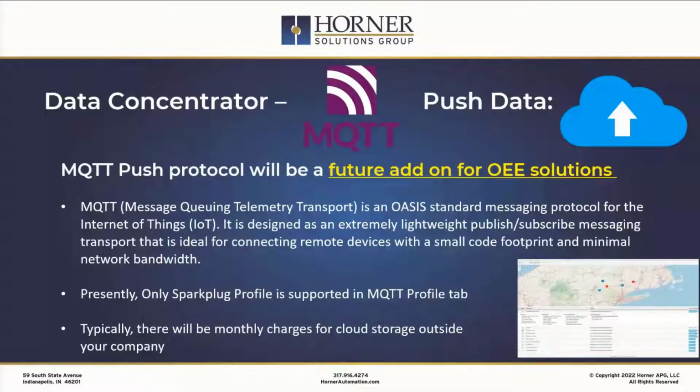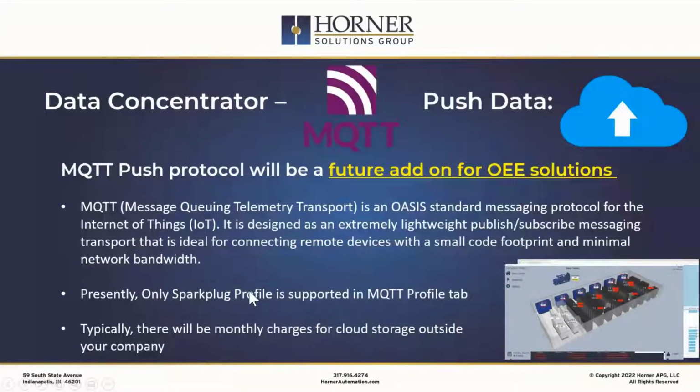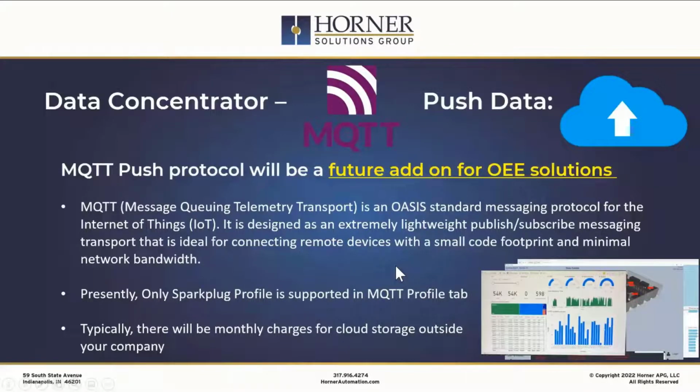In this case, they would be green or red or yellow, showing what the plant is doing from an OEE perspective. And then this lets you drill into the individual plant. You can take an overview of the plant, see what each work cell is doing, again giving you that visualization in red, yellow, green. And then individual dashboards for each one of the individual work cells. That's generally what people are doing at the MQTT push to cloud and dashboard level.